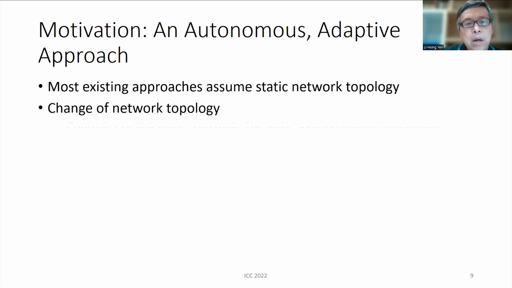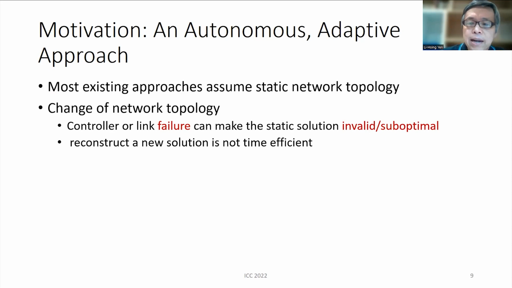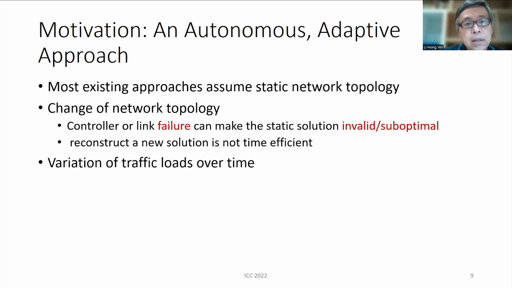A change of network topology, like a controller or link failure, can make existing solutions invalid or suboptimal. Of course, we could reconstruct a new solution every time we have a controller or link failure, but this approach is not time efficient.